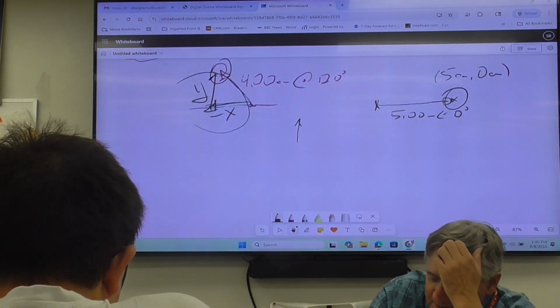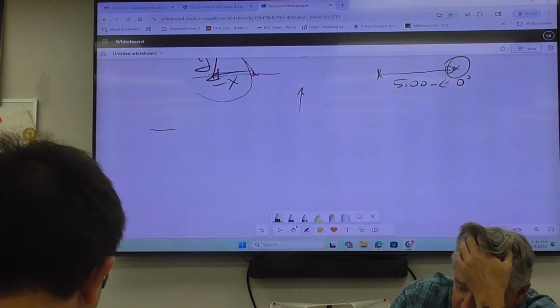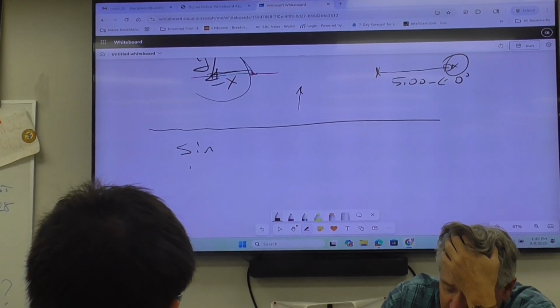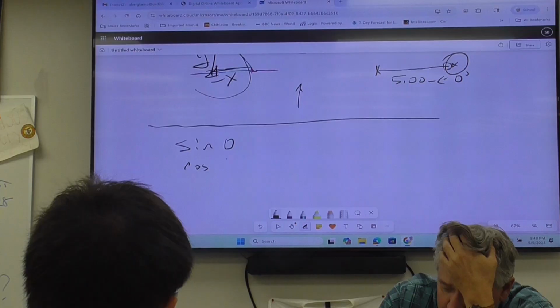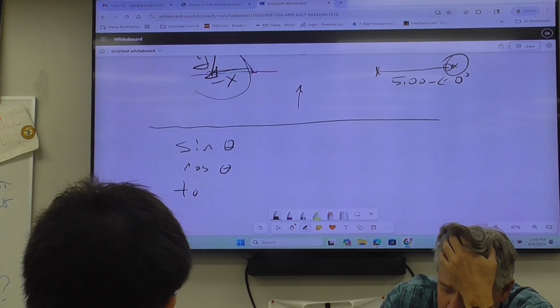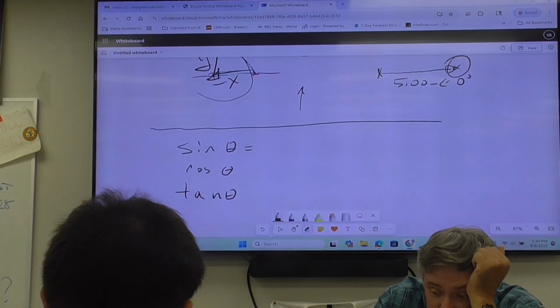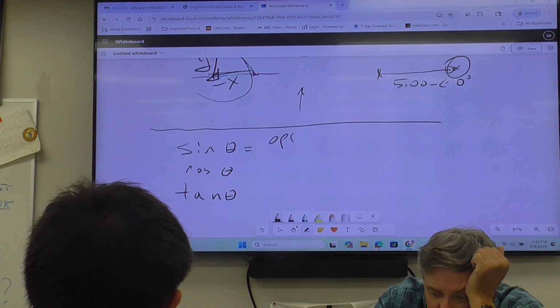We need to talk trig functions. So, quick diversion and review of trig functions. So we're going to have sine, cosine, tangent. What does sine equal? Opposite over the hypotenuse.